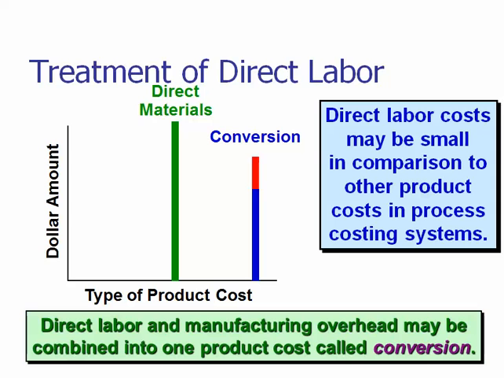Let's go ahead and take a look at an example where direct materials and our conversion costs are added to our production process at different rates, and where we've combined both direct labor and manufacturing overhead in one group and referred to them as conversion costs.